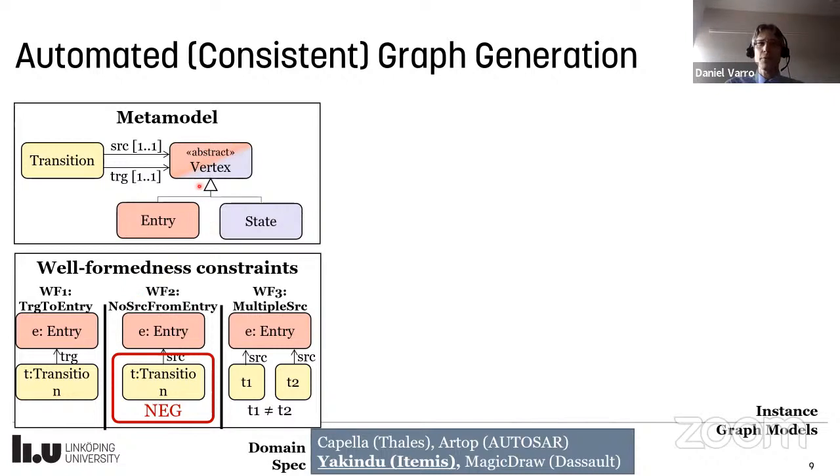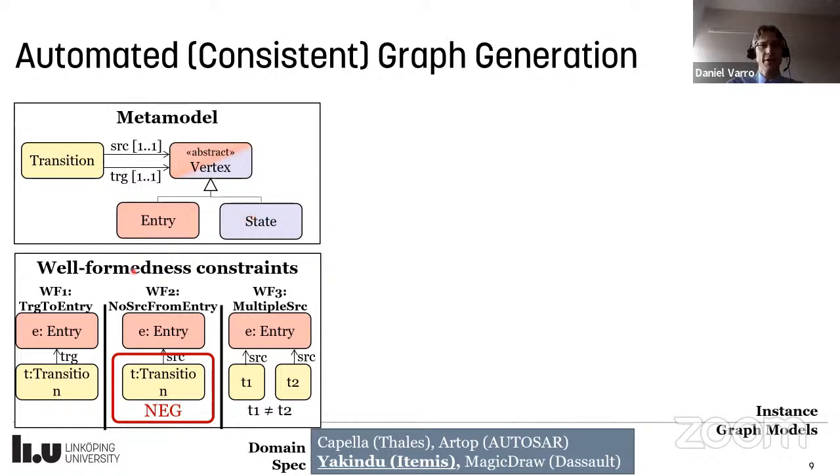In this running example, I will be using a simplified meta model of state charts, where we have transitions and an abstract vertex node, which is either an entry state or a regular state.